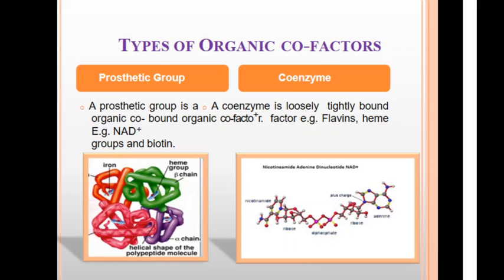But what differentiates a prosthetic group from a coenzyme is that a prosthetic group is again a non-protein part, which, like a coenzyme, is required for the action of the enzyme, but it cannot be detached easily from the enzyme structure. So when you try to remove it from the enzyme structure, you end up disturbing the enzyme structure. So that is the difference between the prosthetic group and the coenzyme.